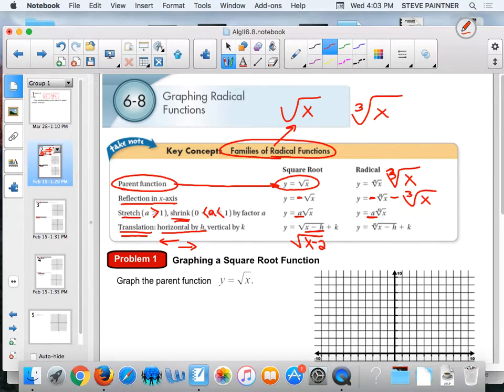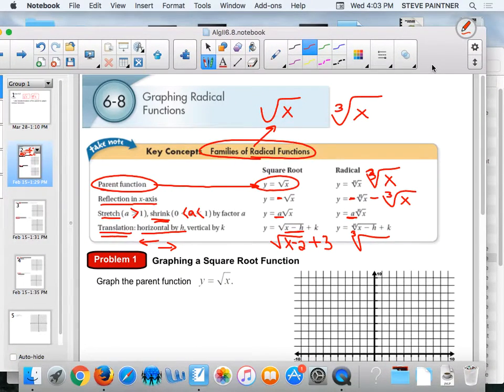Remember, x minus 2 is the opposite of what you think. That is 2 to the right. And then the plus k in the back is telling you exactly what to do. So plus 3 would be up 3. So this one we would move right 2, up 3. And of course it works over here with the cube root also. Okay? We'll get into that more and more as we go.